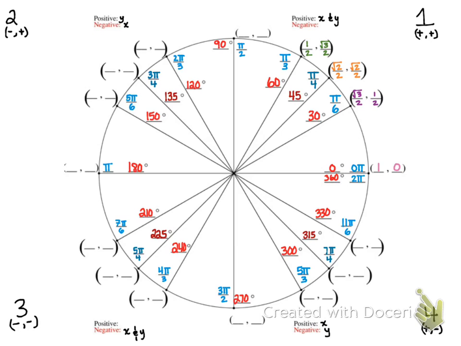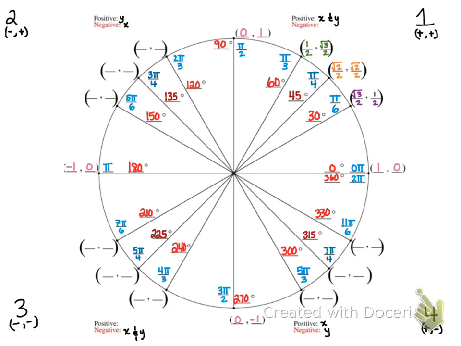And then at pi over 2, we have 0, 1. At pi, we have -1, 0. And then at 3 pi over 2, we have 0, -1.